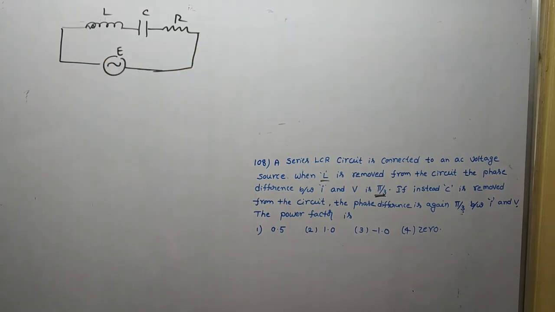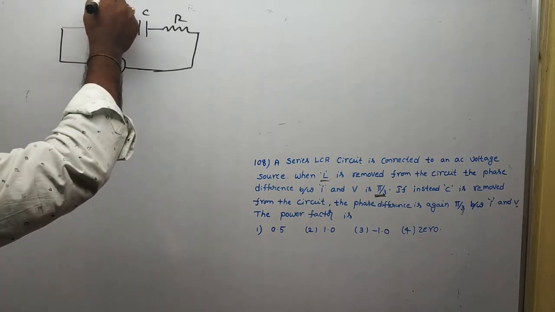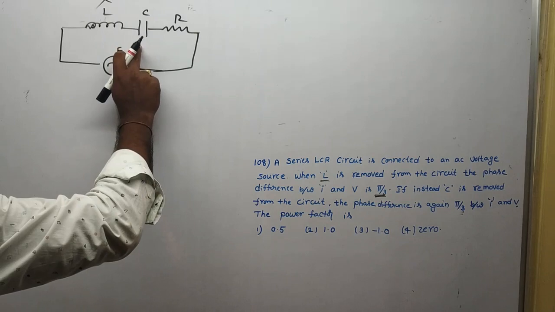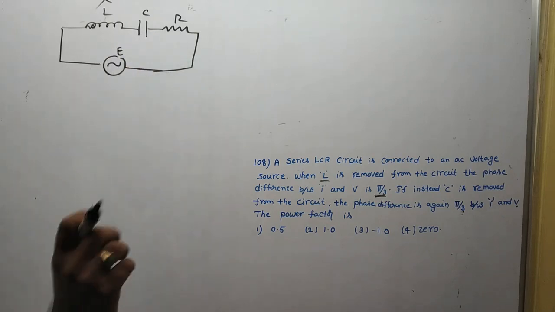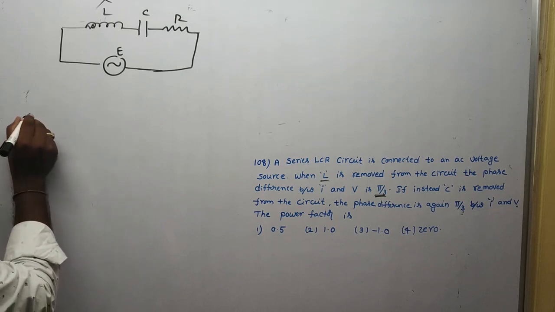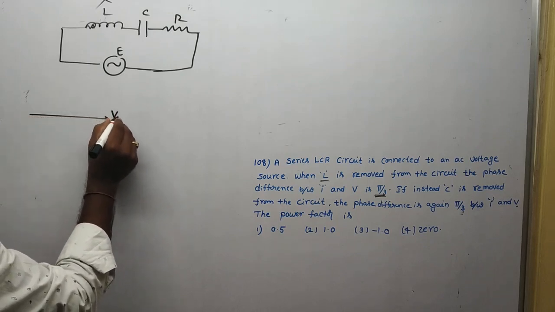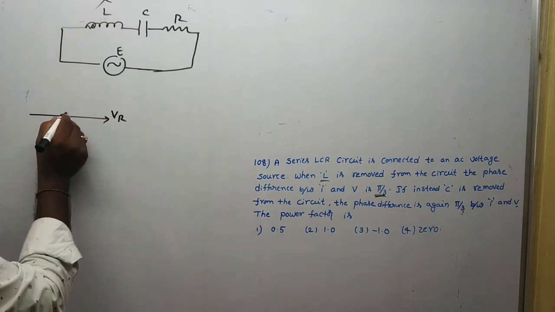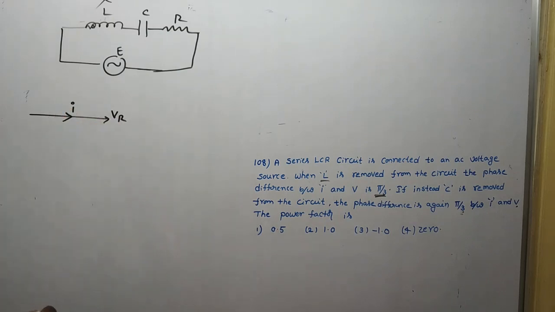In the first case, we have to remove the inductor. There is a capacitor and resistor in the circuit. Therefore, the phasor diagram will be, this is the voltage across the resistor. In a pure resistor, there is no phase difference between the current and the voltage. Therefore, I is also in the same direction.